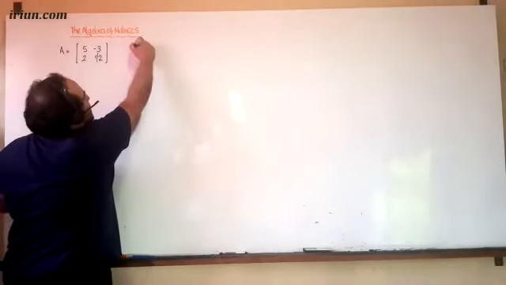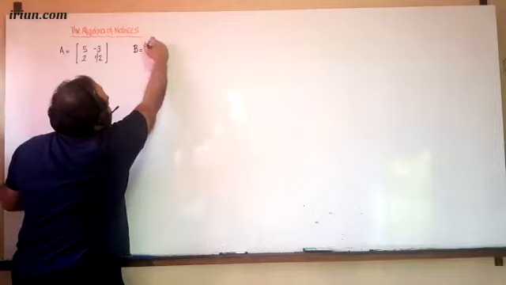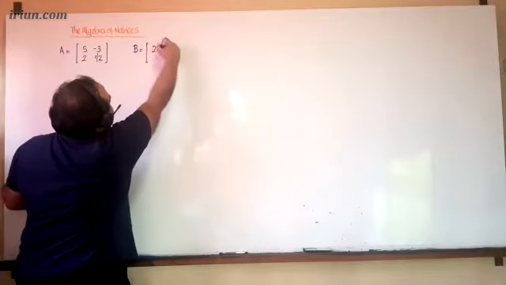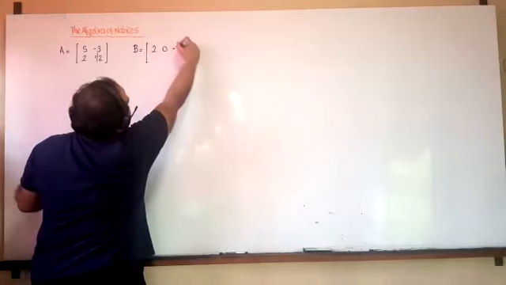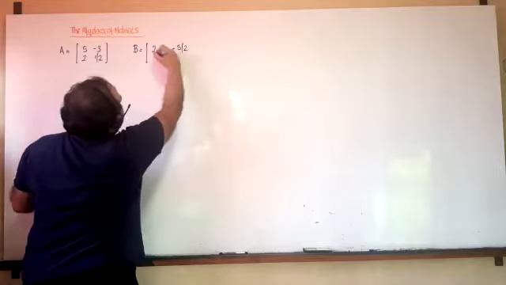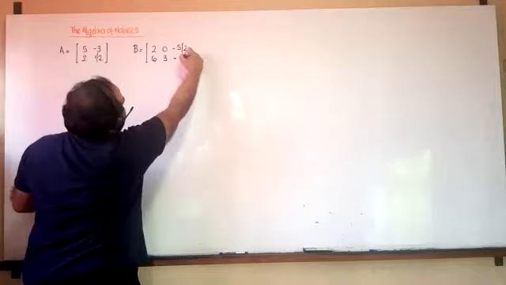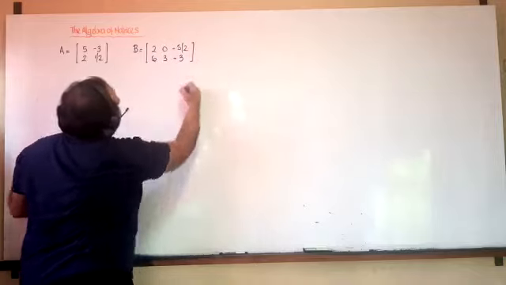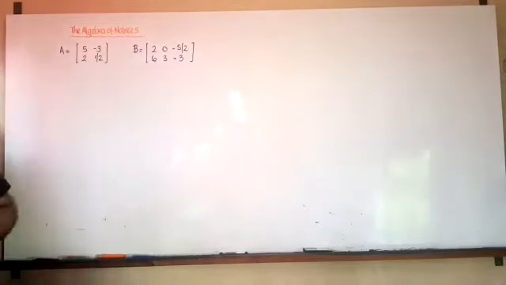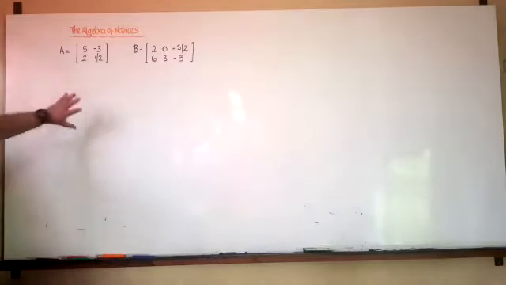And we got a matrix B given by, for example, 2, 0, -5/2, 6, 3, -3. All right. Both are matrices, because this is our arrangement in brackets.